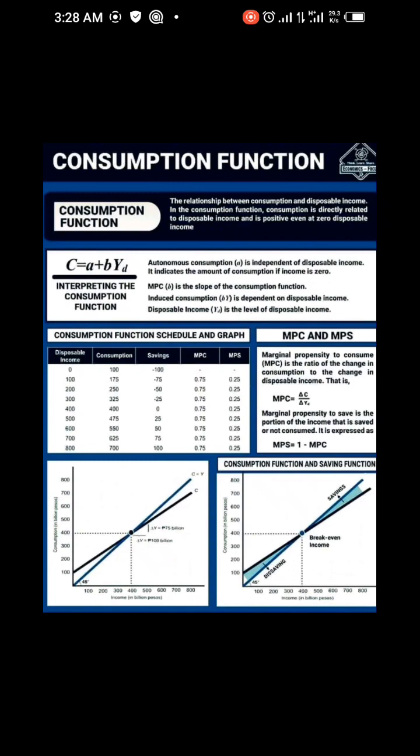Consumption function is the relationship between consumption and disposable income. Disposable income can be defined, according to Investopedia, as the income available to spend after deduction of taxes.